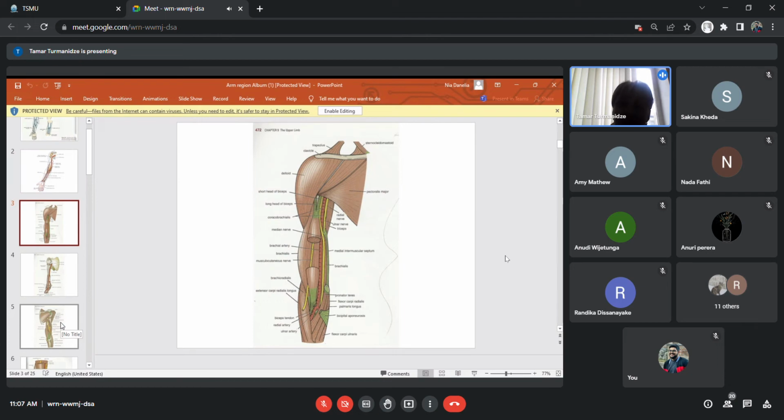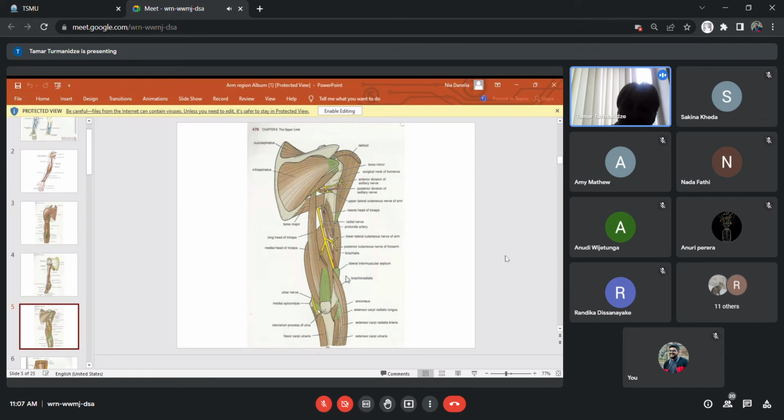Behind the axillary artery. When it descends from the shoulder on the arm region, the radial nerve passes in the posterior compartment of the arm, where it lies between the triceps muscle and the humerus. It passes on the bone.